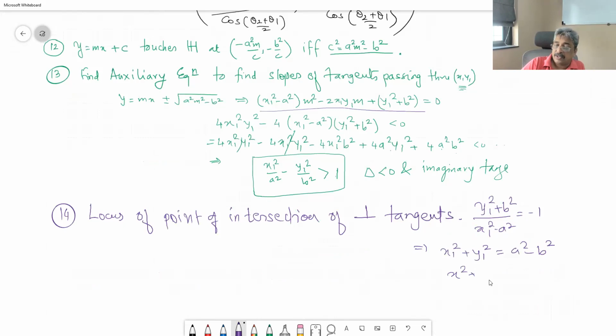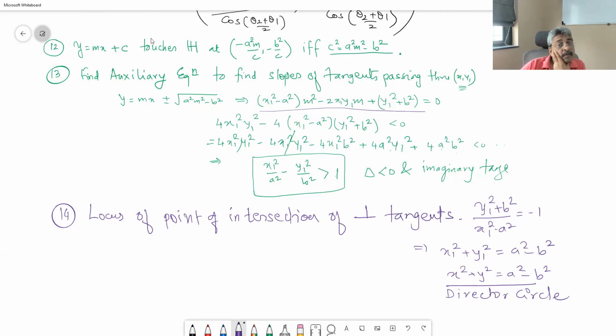X square plus y square is equal to a square minus b square is our director circle. That is your director circle, and it is going to be smaller than the auxiliary circle that we have drawn because it is a square minus b square. That is the locus of perpendicular tangents to the given hyperbola.